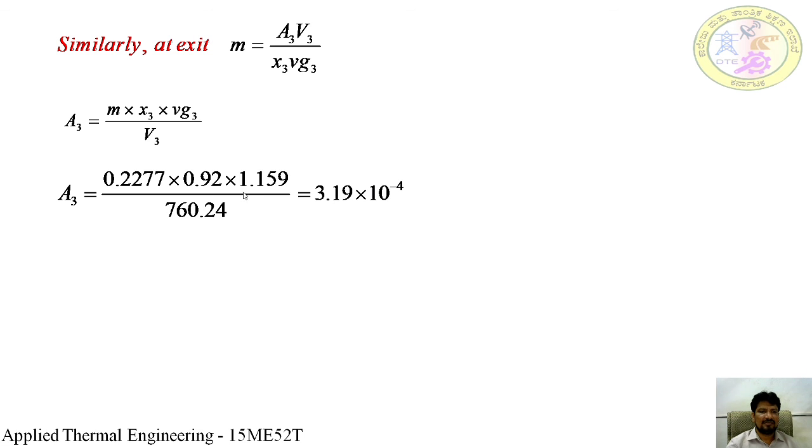After calculation of this, you will get 3.19 into 10 to the power of minus 4. This is the area at the exit of the nozzle.